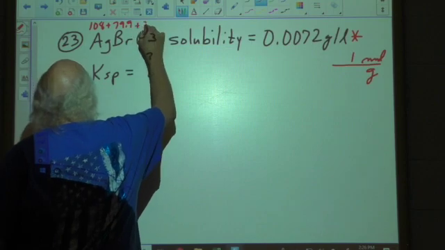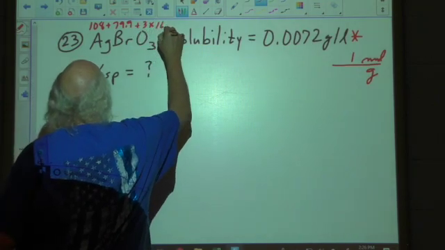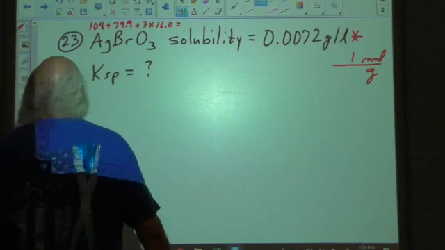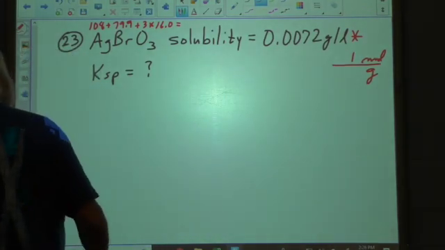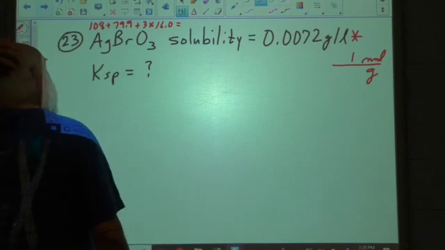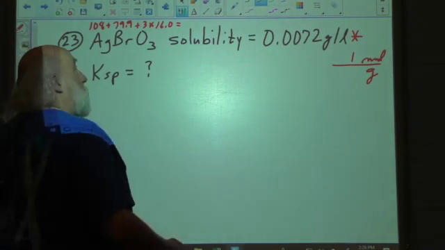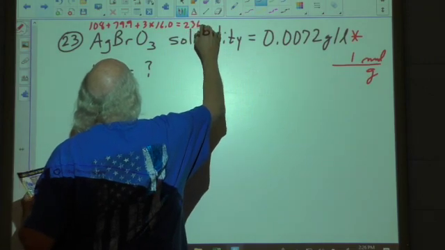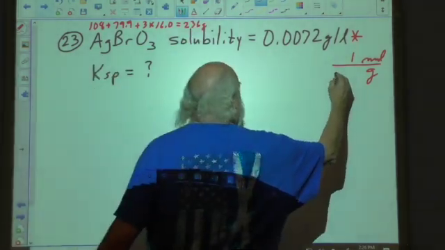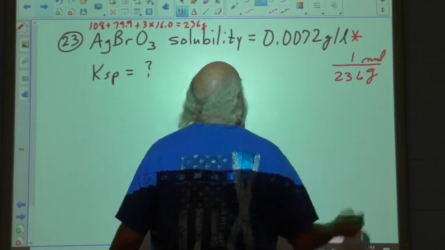And we have 3 oxygens, so 3 times 16.0. So when we add all that together, 188 plus 48 is 236. So we'll put 236 right there for 1 mole of that.